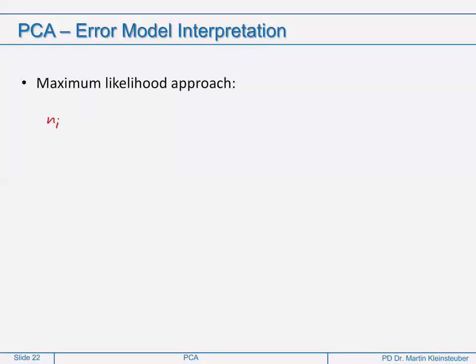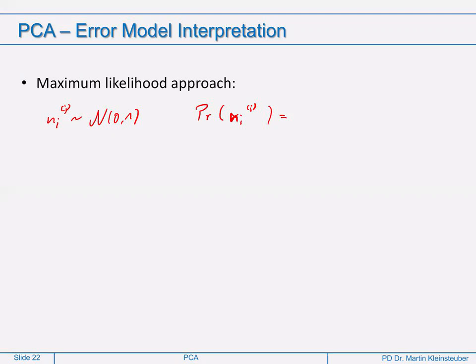Right? So if we look at the maximum likelihood approach, and we say that the jth component of the noise Ni is distributed as N(0,1), we know the probability density function of Nij.